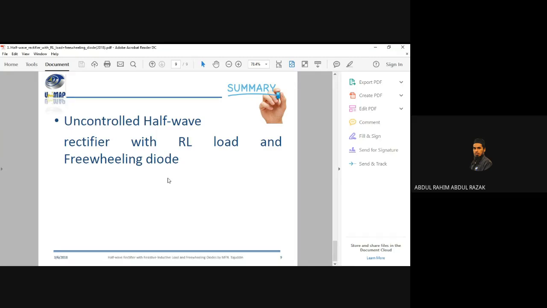I will compose and upload the exercise, and we will pick any exercise from the book that is suitable for our chapter, and I will upload it to the portal and inform you all later. Meanwhile, if you have any concern or question, you can ask me right now. You can write inside the chat box, or you can ask me directly. Is there any question?